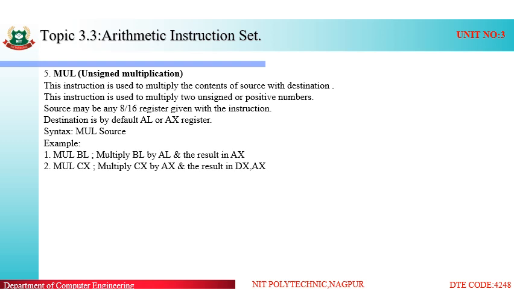In multiplication the destination will be fixed, therefore we don't specify any destination. What will be the destination? Either AL or AX. We have to only specify the source along with the instruction. Destination is by default fixed, that is the AL or AX register.